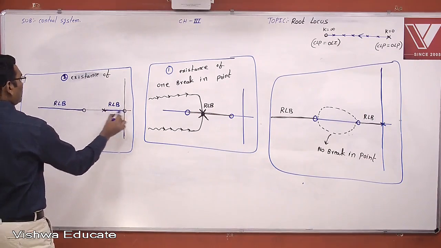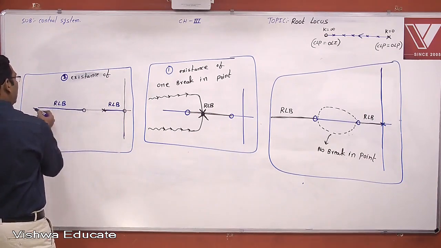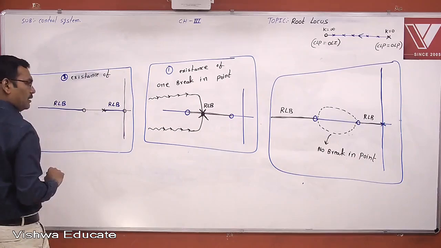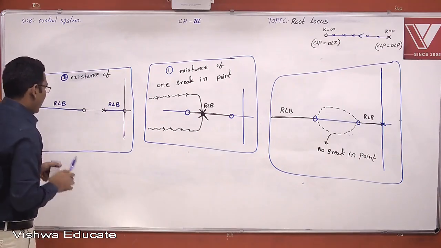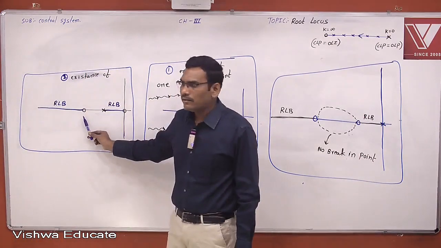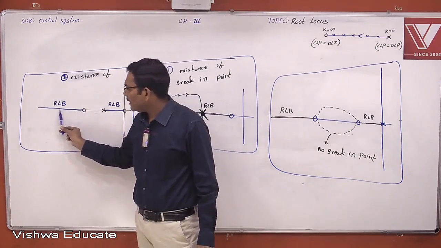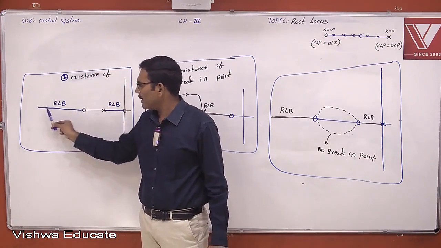Now see here, the leftmost side there is a zero. After that zero, the entire real axis is a root locus branch.